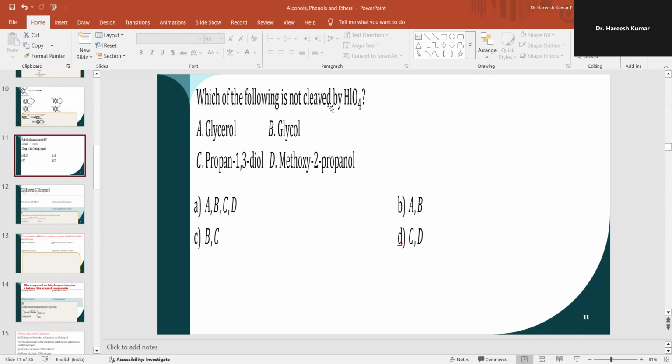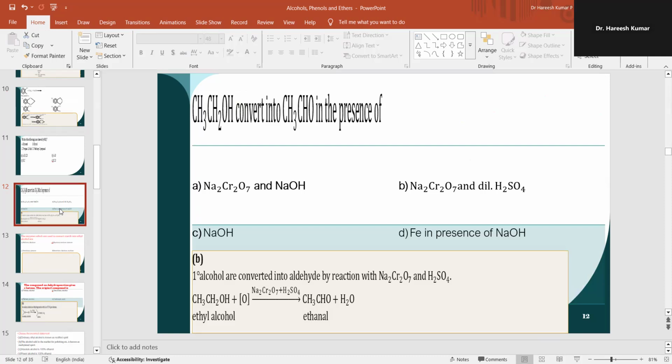Glycol contains a 1,2-diol, which is why HIO4 cleaves glycol, whereas propane-1,3-diol and 2-methoxypropanol are not. In one there is only one hydroxy group, and in the other the hydroxy groups are too far apart, at the 1,3 position. That's the reason C and D compounds are not cleaved by periodic acid. That means the option is D.